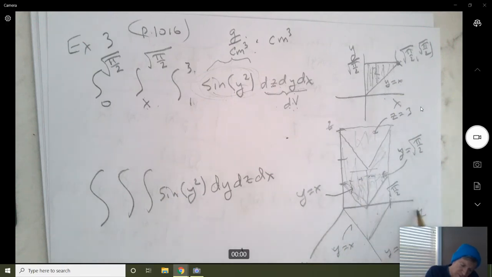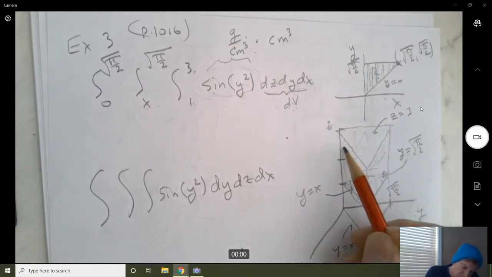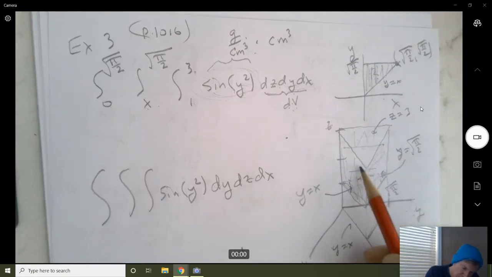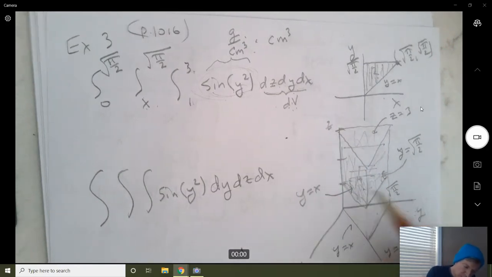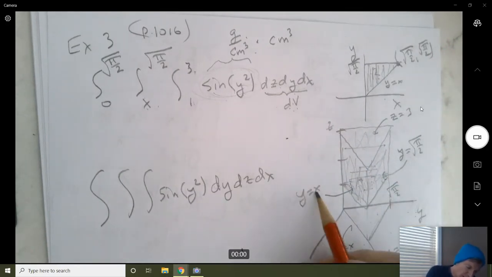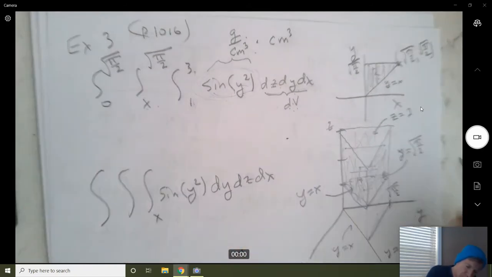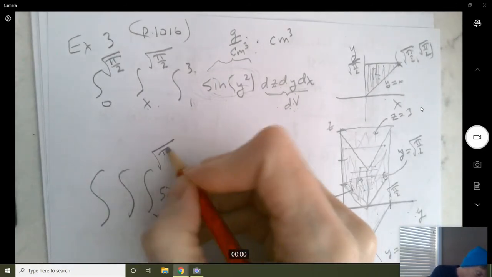Remember, if you're going the y direction, you're going to go parallel to the y-axis. So this point would match up to this point over here, this point would match up to this point, and so on. You're going from this surface to this surface. And that's y equals x to y equals root pi over 2.